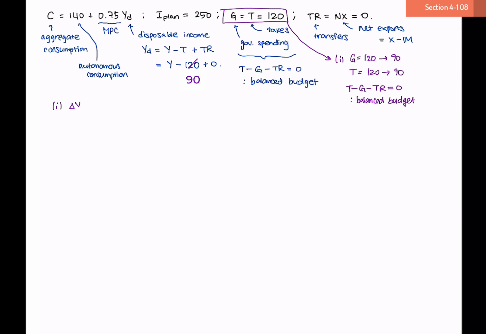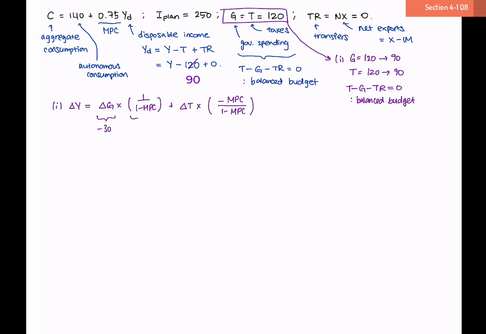Then what's the new equilibrium output? You can also use either of the two methods in this case, but I'm going to use the multipliers. So we know that the total change in output is the initial change in your autonomous aggregate spending times whatever multiplier needs to be applied. In this case, we have two changes, one from government spending and another from taxes.